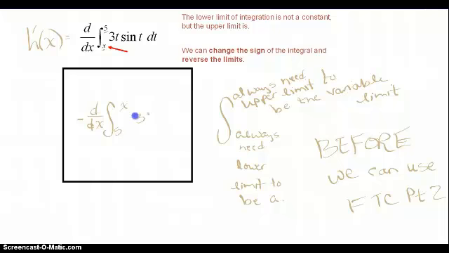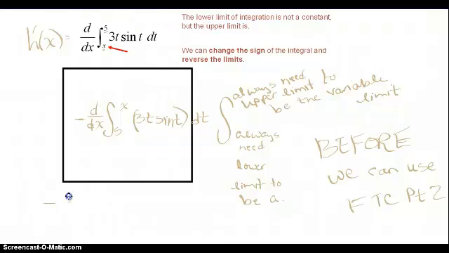Do you remember that? We have a property that's going to allow us to just change the way this function looks without changing its value. The function defined as an integral. Now I can apply fundamental theorem. I put my negative down, taking the derivative of an integral.